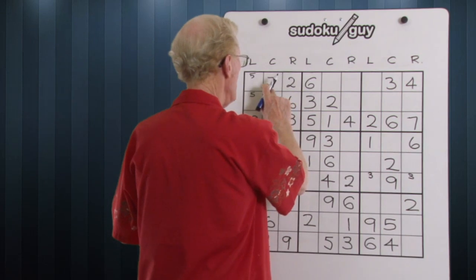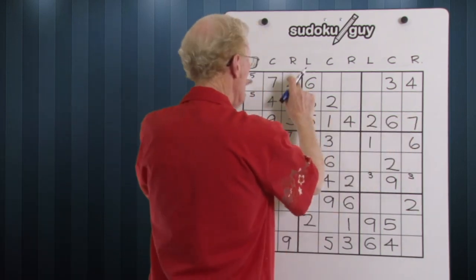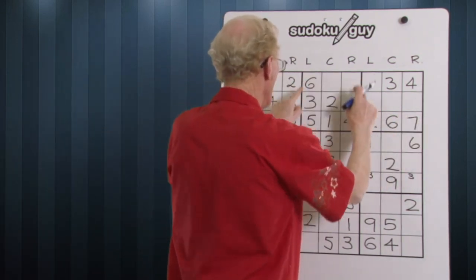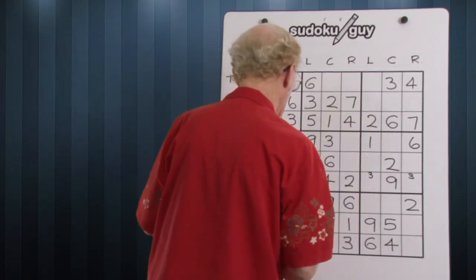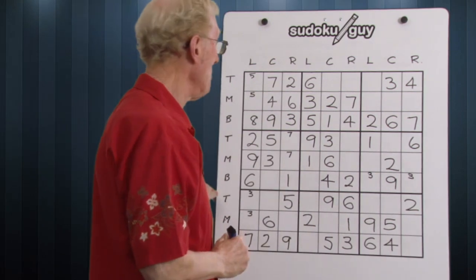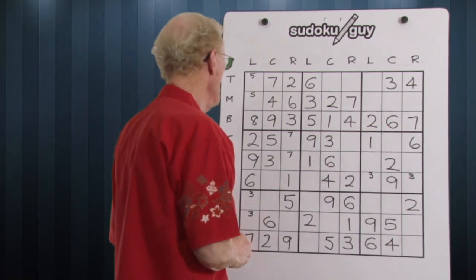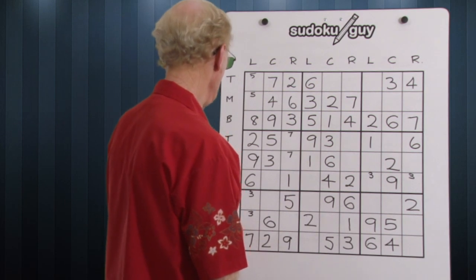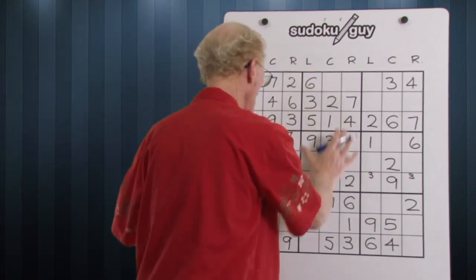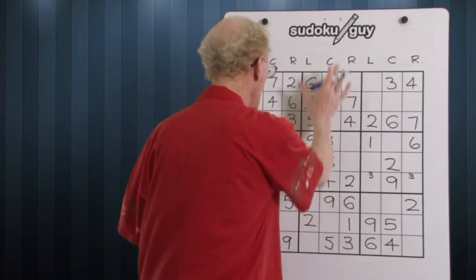So this 7 and that 7, we have a top, we have a bottom. In this block here, it has to be in the middle, so we can add it right there. Now, that is a good example of ramifications. Fine. We're now ready to do the vertical blocks here.